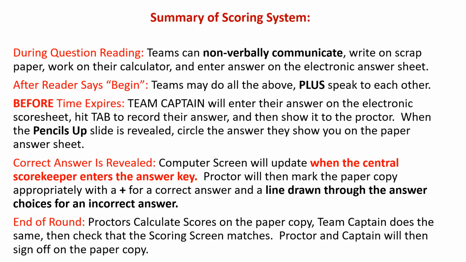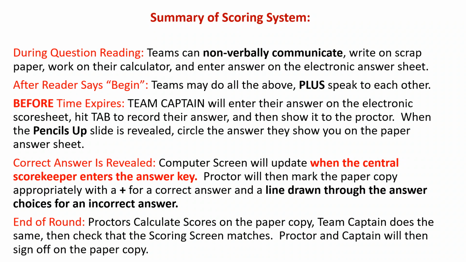Then at the end of the round, you will calculate the scores on the paper copy. The team captain basically does the same. So you will have the score and the tiebreaker written down on the bottom of the paper copy. The team captain will verify that by writing down those numbers. You will make sure that your score and his or her score will match on the paper, and then also match the electronic document.